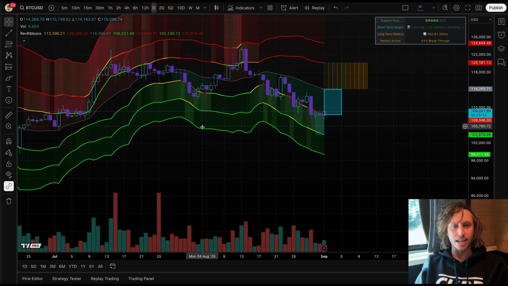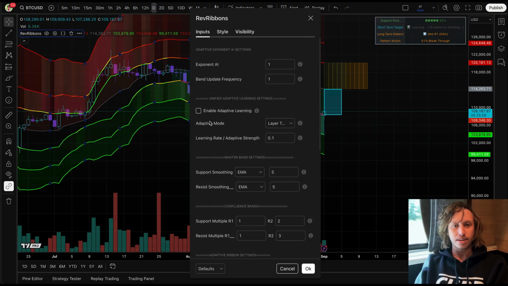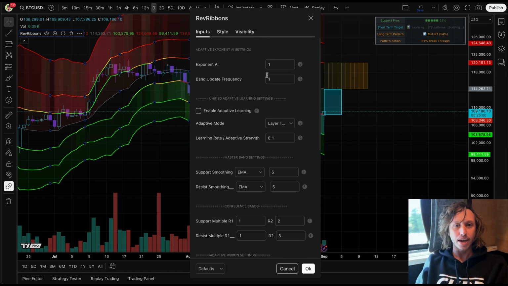The tool is very adaptable to any time frame, and it also has extra components inside that you can make use other machine learning and AI technology. The exponent AI here at the top I found is usually best set at 1. You can mess around with it on other time frames, it might be a little bit nicer.